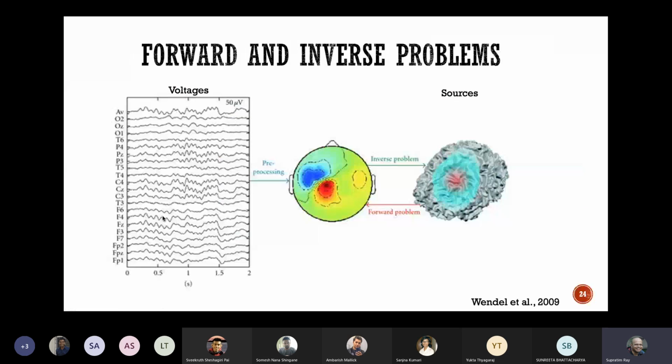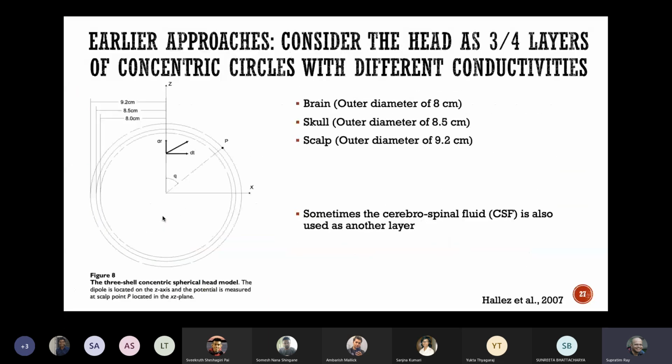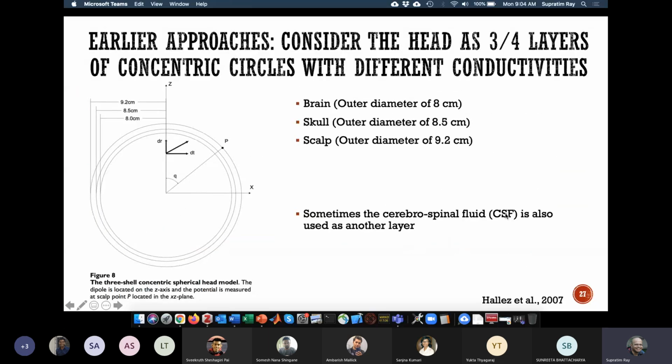So yes, we were setting up the source localization problem, and we did that first using analytic approaches, which is what was done back in the days. And there, even for a very simple concentric model, it was a very complicated solution.